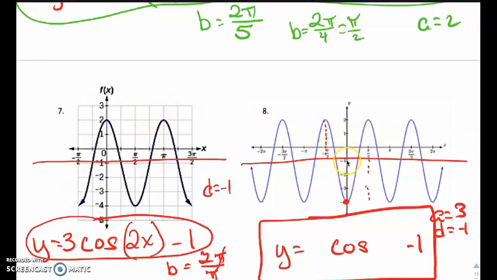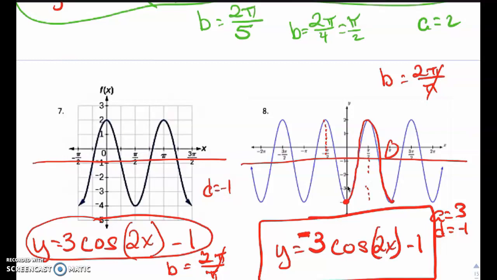But look, we started below the midline, so that means that's going to be a -3. And then B has to be 2 pi over my period, which it's taking me all the way to pi to do one wave. So therefore B is 2. So it'd be -3 cosine of 2x and then -1.